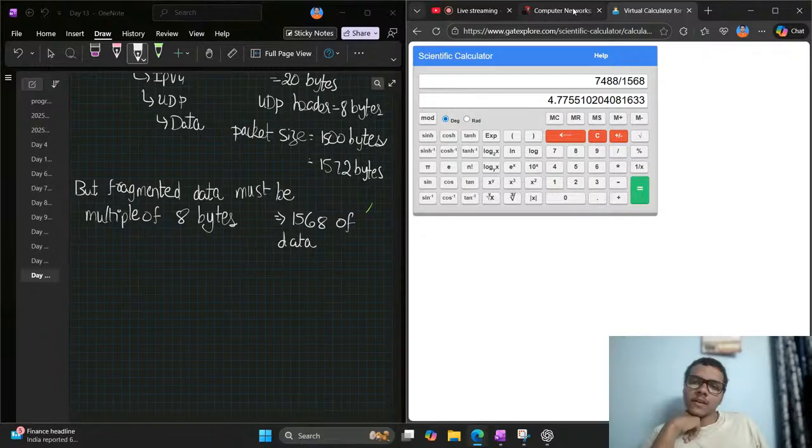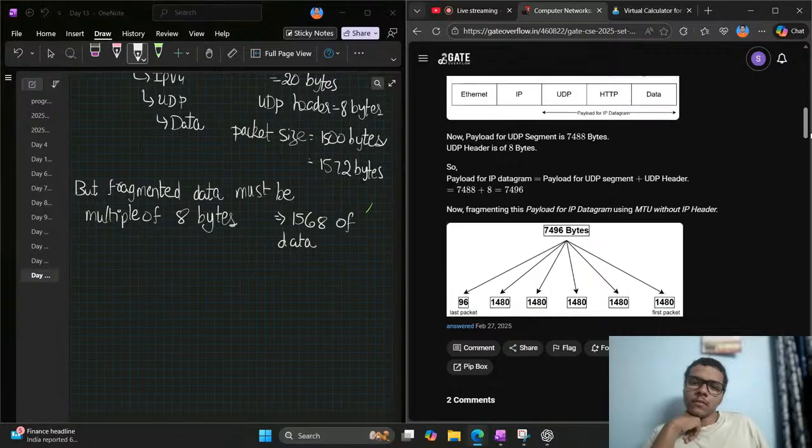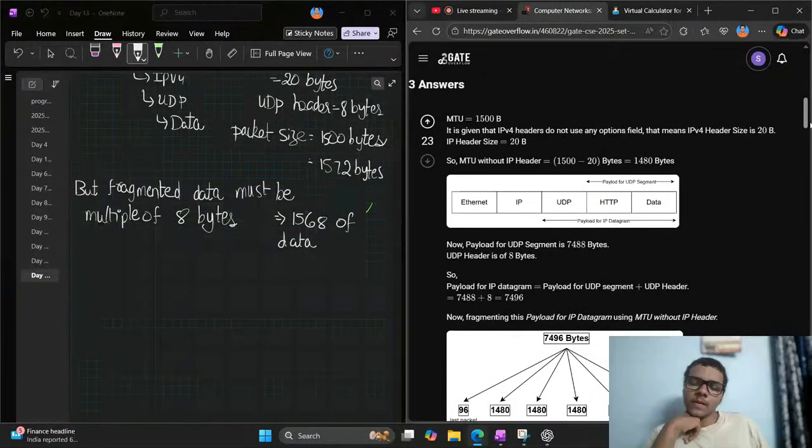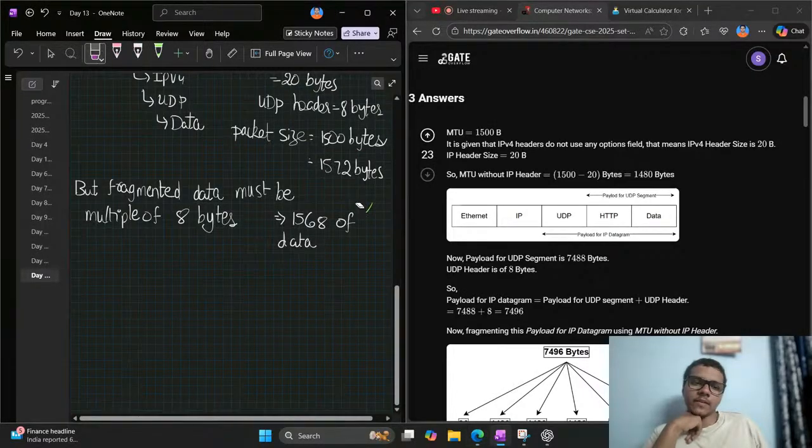Is that correct? So we missed something. How did 1500 bytes become 1572 bytes?